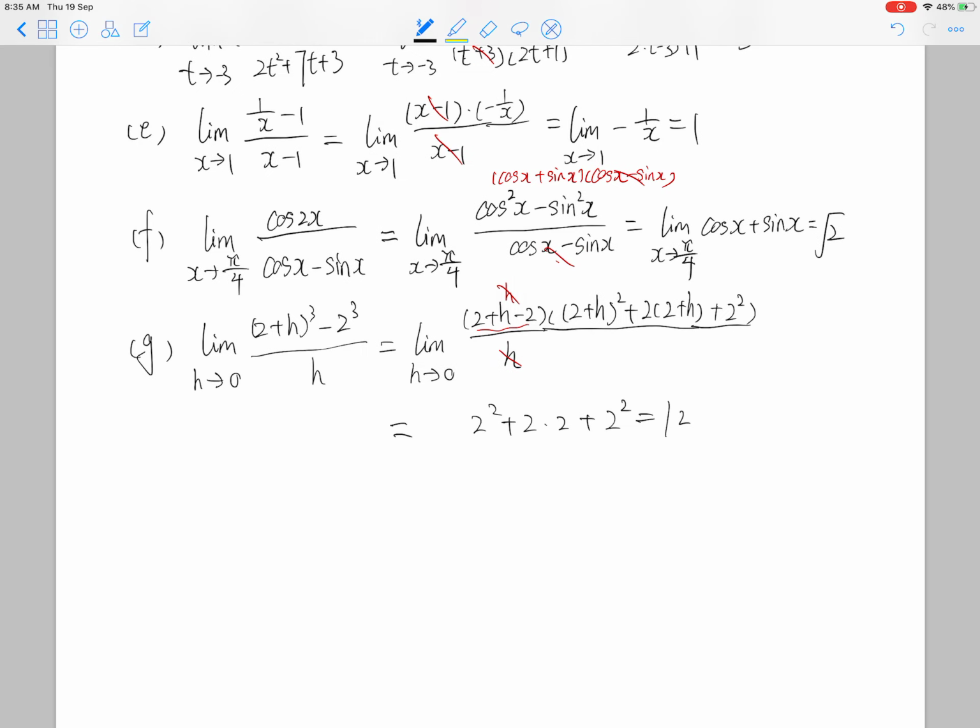Okay, part H. Here you can multiply the conjugate of the numerator.